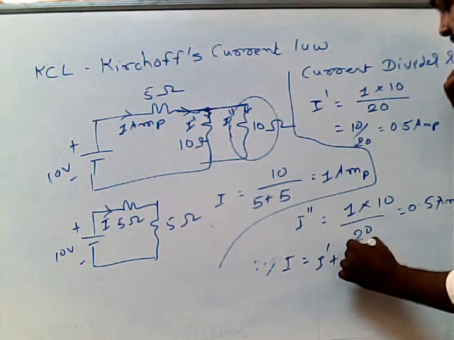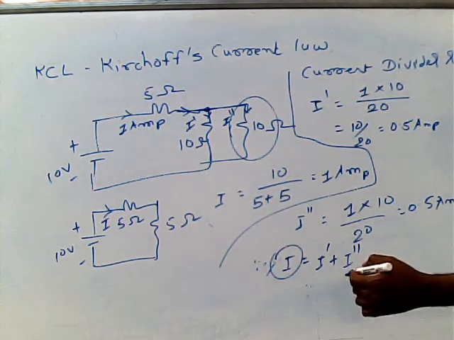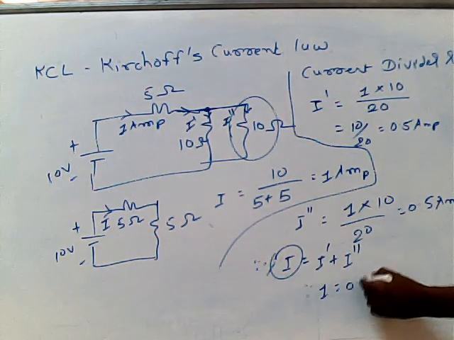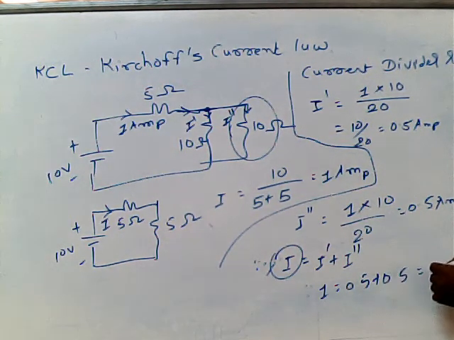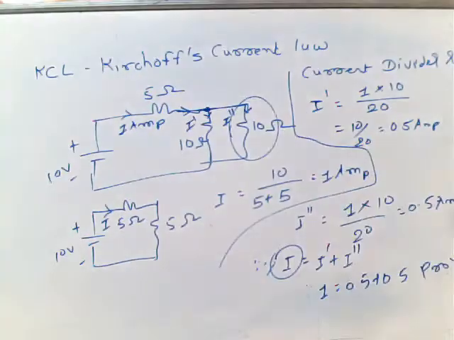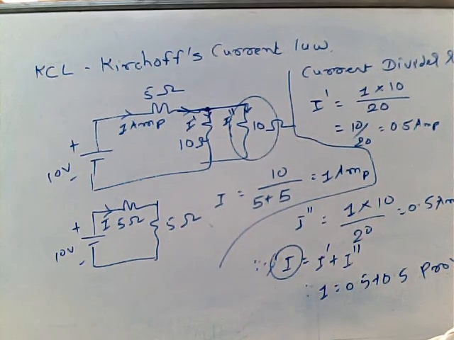The outgoing currents are I dash and I double dash. The I that we got is 1 ampere, I dash is 0.5 ampere and I double dash is also 0.5 ampere. Hence it is proved. So this is nothing but the KCL. Both of these rules are very important while solving any complex electrical networks. So this is about the KVL and KCL.